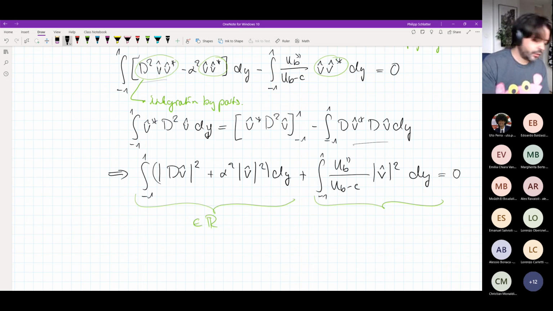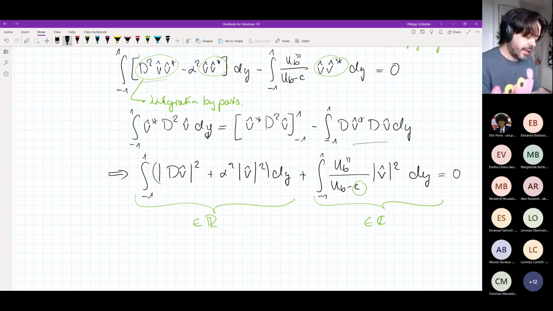The second term, on the other hand, may be complex. That comes from the fact that the C here contains alpha, which is the real wave number, but it also contains omega, which, as we know, may have an imaginary part, growing or decaying. So the C here makes the second term potentially complex.